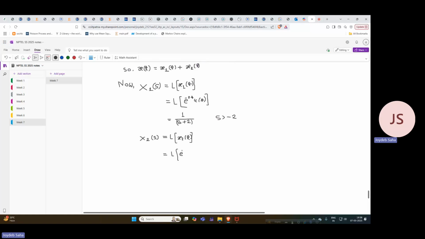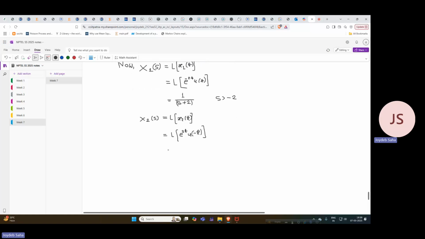This is equal to minus 1 upon s minus 2, with s less than 2. For s less than 2.